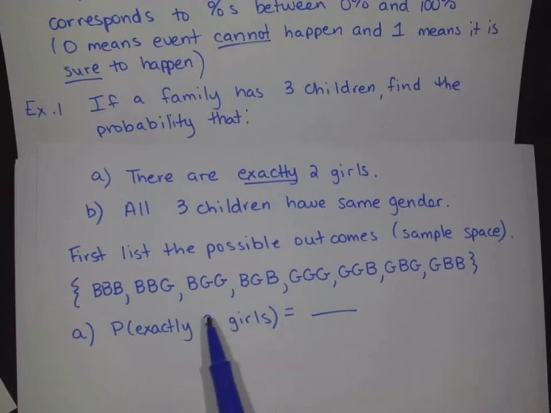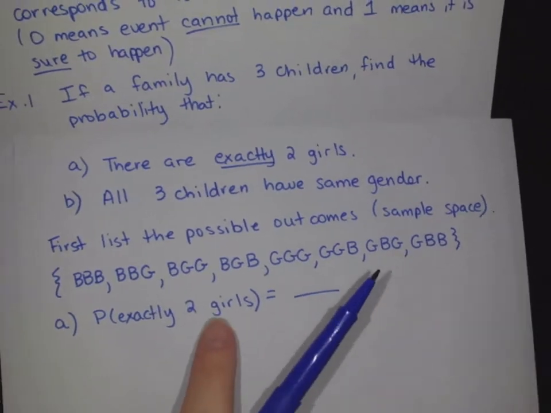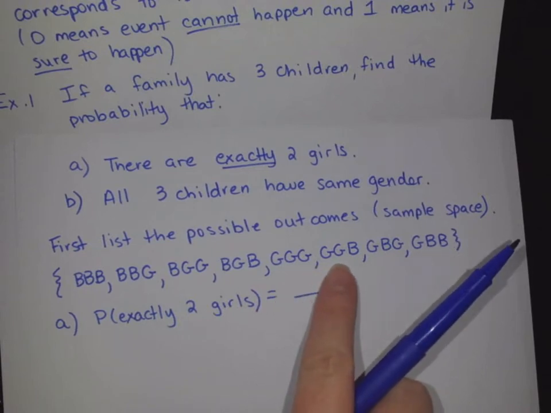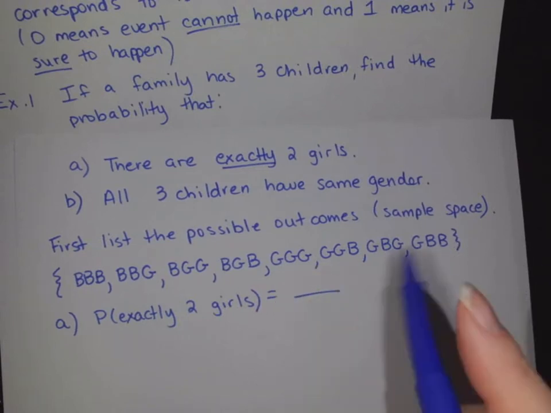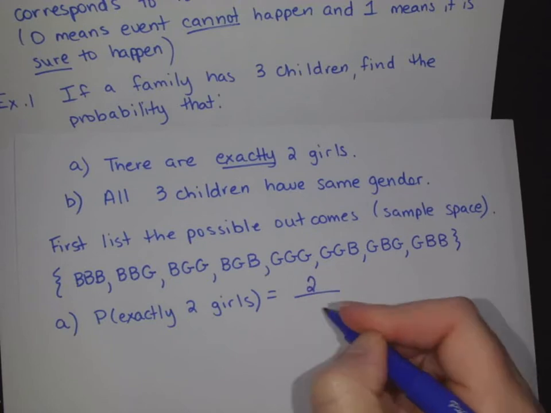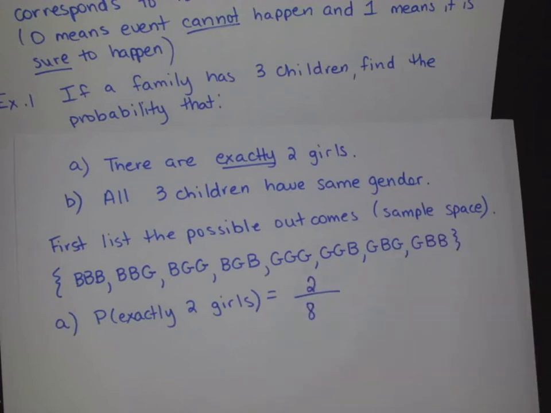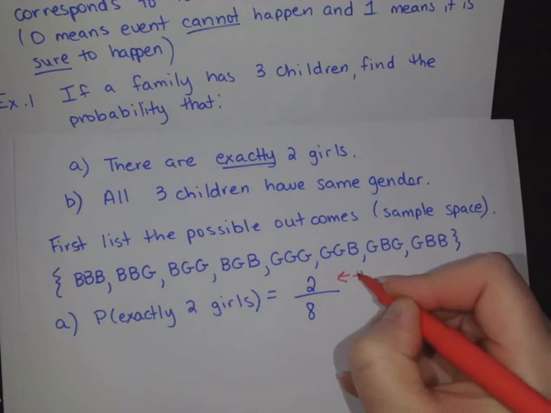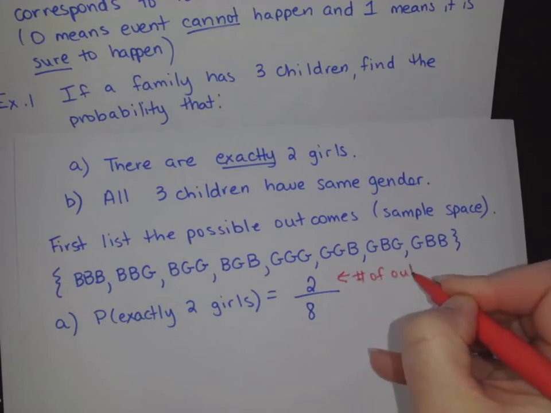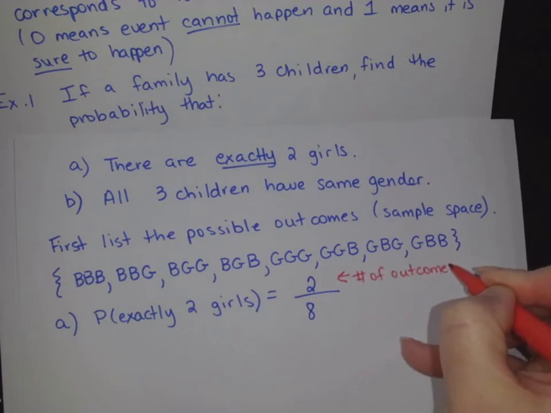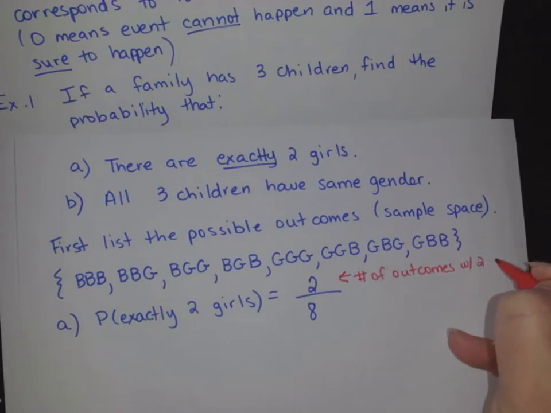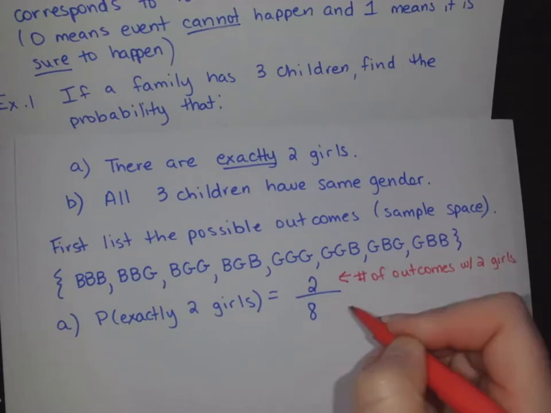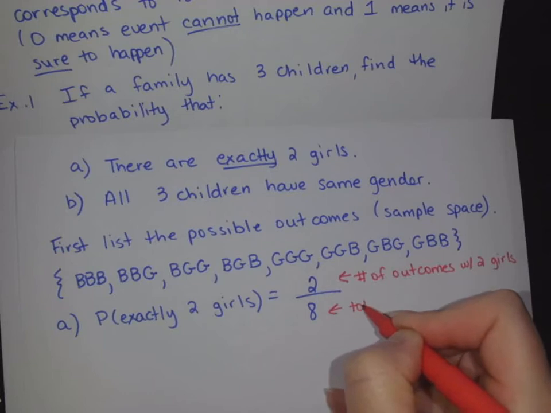Okay, no, I think there's only two, so I was just looking at my answer, which wasn't quite right. So there's one right here, right? And then there's one right here, so I think there's only two possibilities out of 8 total. Okay, so notice if we were going to label it, this is the number of outcomes with 2 girls. And then this is the total number of outcomes.